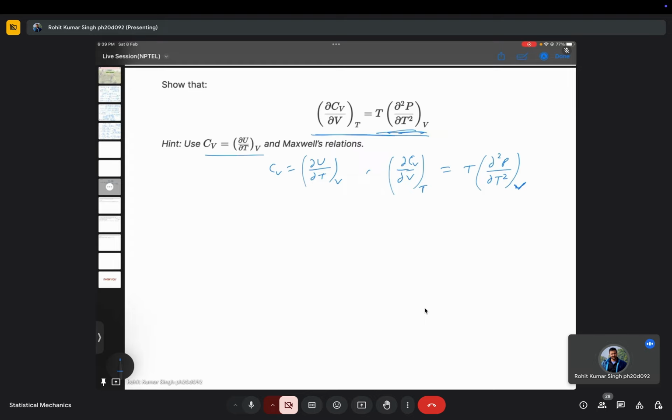So it looks very complicated. How do we attempt to solve it? Any idea, anyone? First, obviously, we will write this left hand side. In place of CV we will put del U by del T at constant volume.